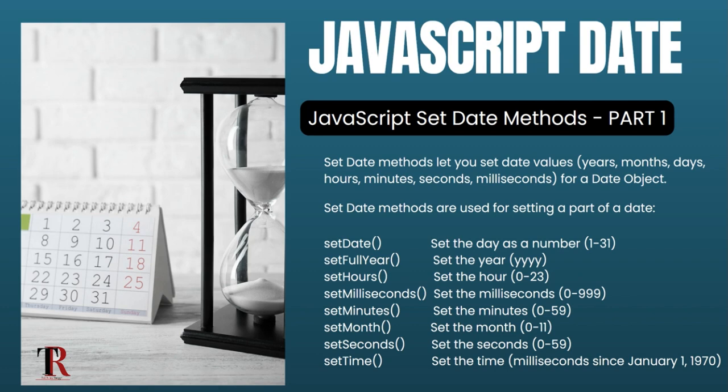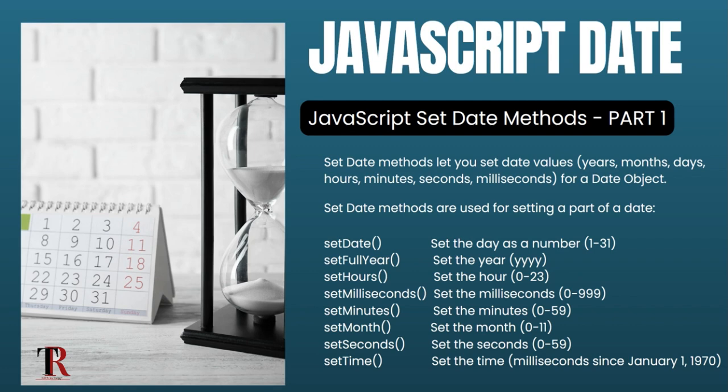And below this are some of the methods and the corresponding descriptions for the available set methods that we have in JavaScript. Number one is the setDate method. The description says set the day as a number between 1 and 31.